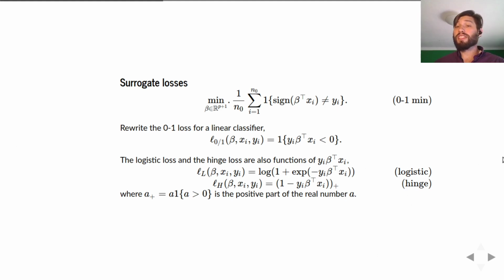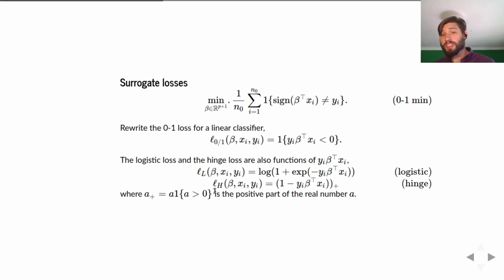So one of them is called the logistic loss, and this is the loss that's used in logistic regression. We have the loss is the log of 1 plus the exponential of minus yi times beta transpose xi. So we just take this inner term in the 0-1 loss, and we just replace the indicator that it's negative with log 1 plus exp of minus that.